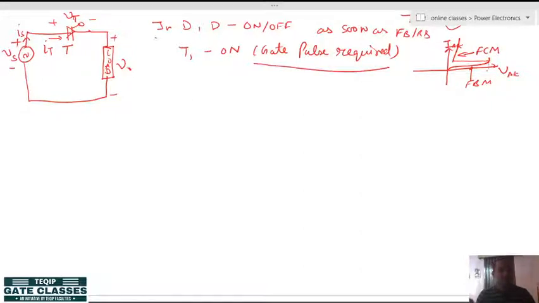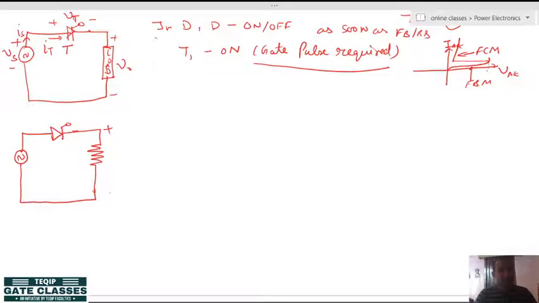Now let's begin with each and every load. First of all, let's begin with the resistive load. The circuit is simple, just like the single phase half wave circuit we studied earlier, and the same circuit concept we have to apply again here.